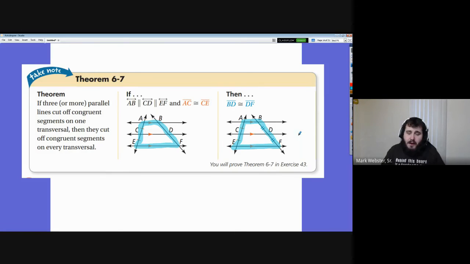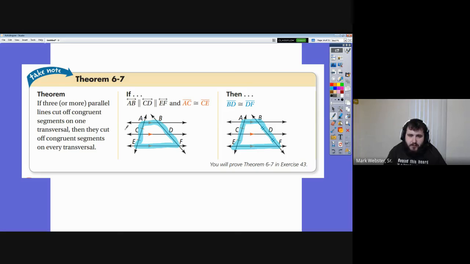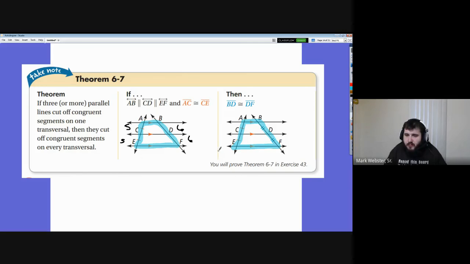But the point I'm trying to make here, and the point that this is trying to make, is that if we've got all these parallel lines, and we know the left side is the same all the way down all these pieces, then the right side is the same on all these pieces. Yeah, so if you know these are both 5, and you know this one is 6, well, you have to know that that's 6.